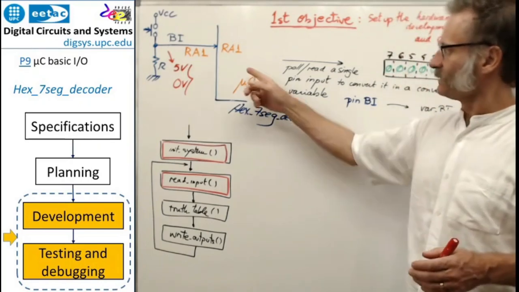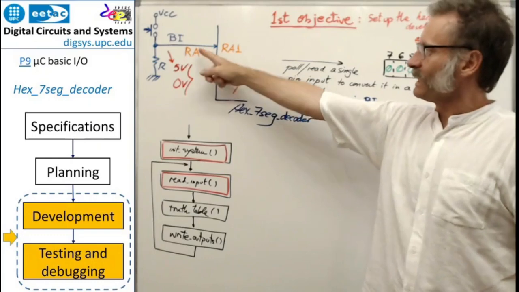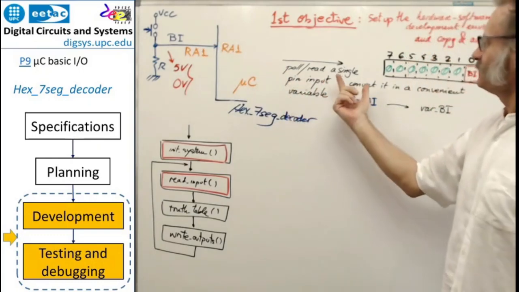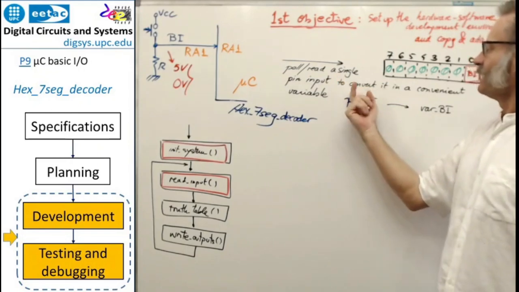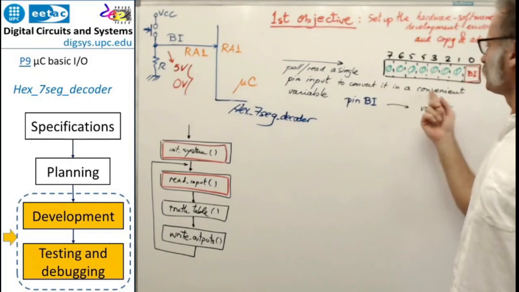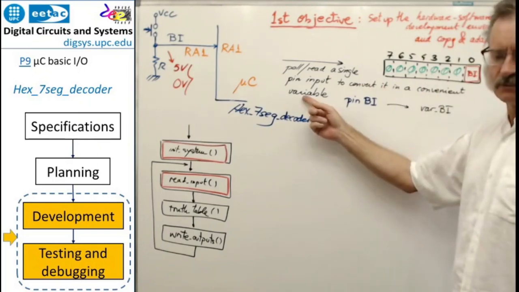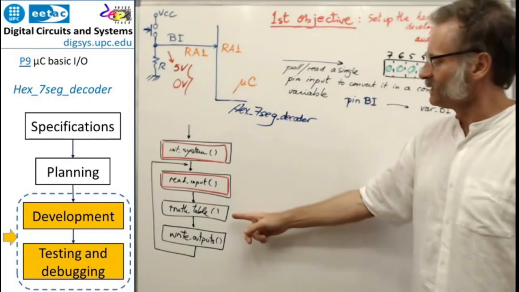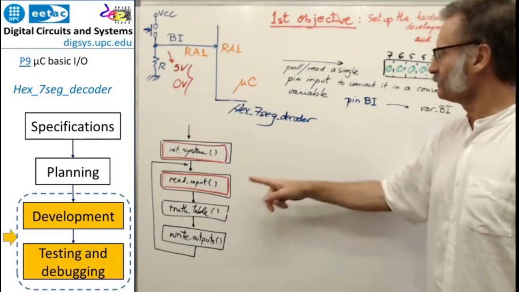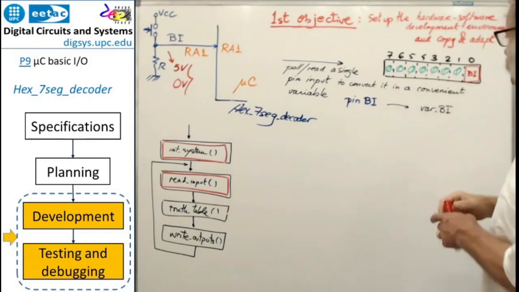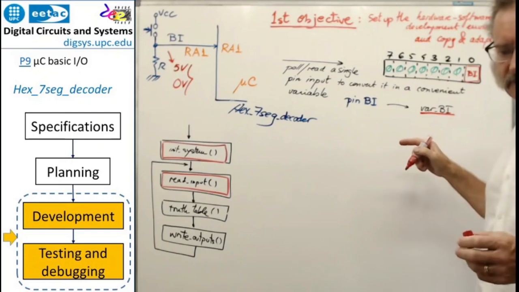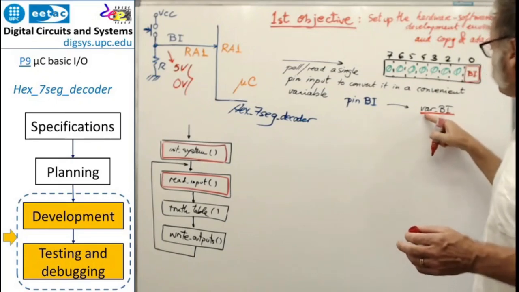So if this is the blanking input pin, the purpose of reading and polling is to convert the pin into a convenient variable. The pin is not going to exist anymore when you reach the truth table section of the code, but is going to be transferred to a convenient RAM variable, and we name them all the same way, var bi.